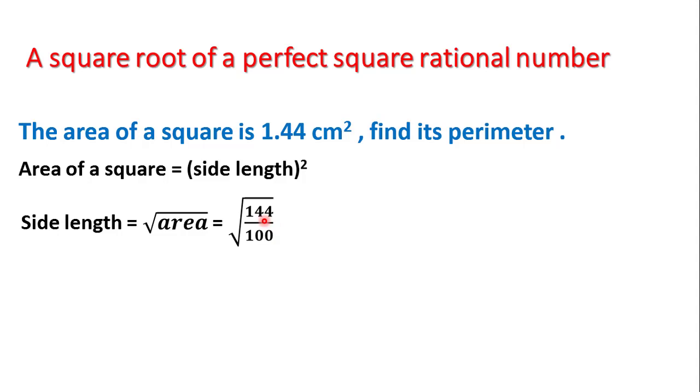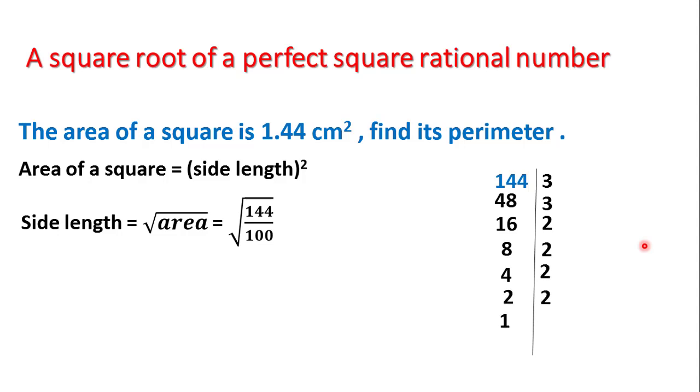Now I want to calculate root 144 by factorization. I'll divide by prime numbers each time. 144 divided by 3 equals 48. Divided by 3 again equals 16. Now let's divide by 2 equals 8. By 2 equals 4. And again divide by 2 equals 2. And finally divide by 2 equals 1.